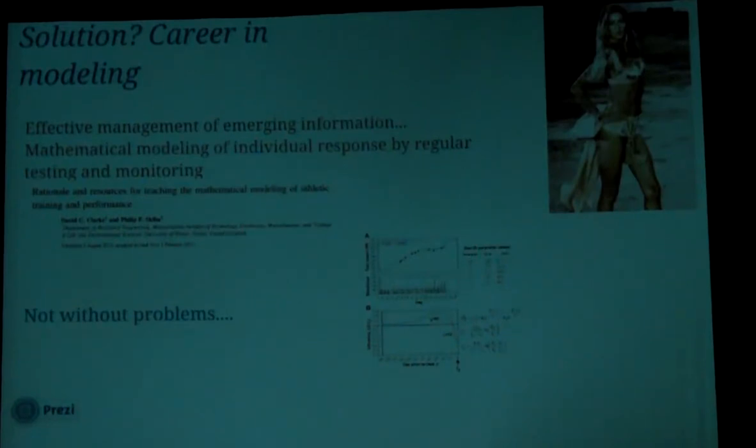One interesting paper is by Philip Skiba. He's a triathlete coach. He adapted the Bannister impulse response model. If you keep track of the workloads and the performance, you get an impulse response model that gives you the best organization of the training.